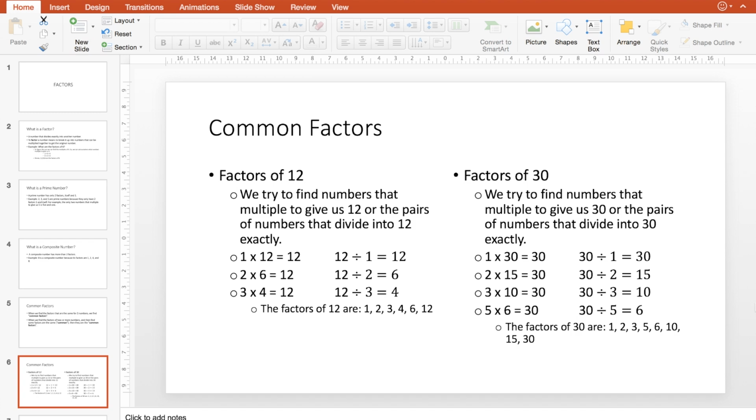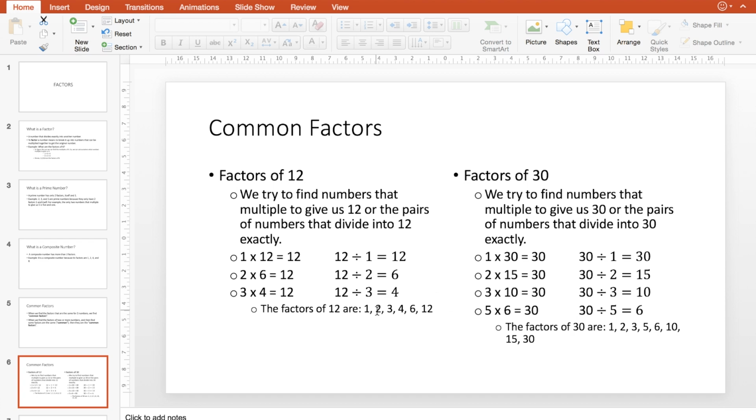So once we've made the list of the factors of the two numbers, our next step is to find the ones they both have in common. For the factors of 12, let's see, we have 1. And for 30, we have 1 right here. So 1 is a common factor. Let's see 2.